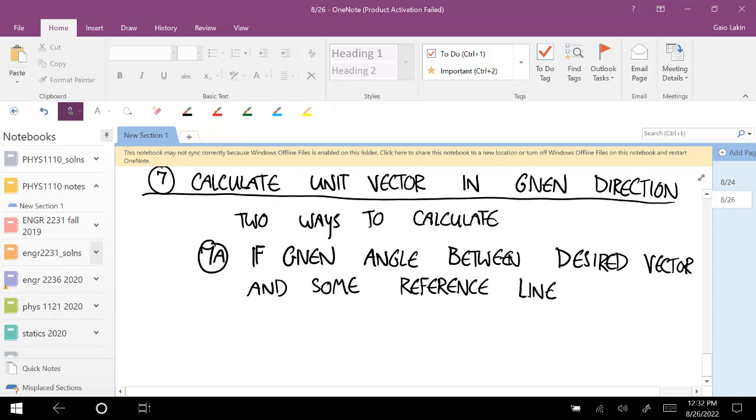You're really only going to use this in 2 dimensions. Trying to figure out angles between things in 3D gets super complicated super fast, so there's an easier way to do that in 3D.